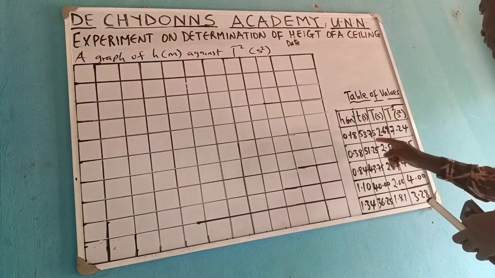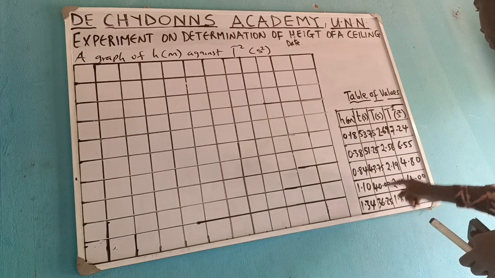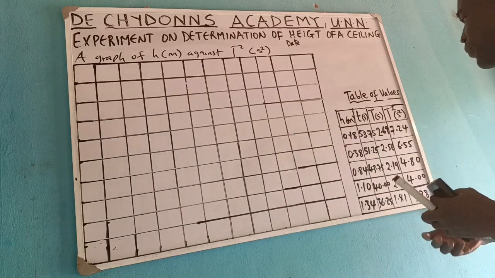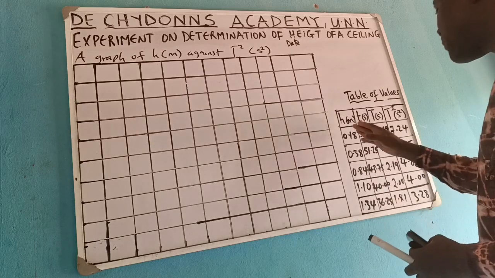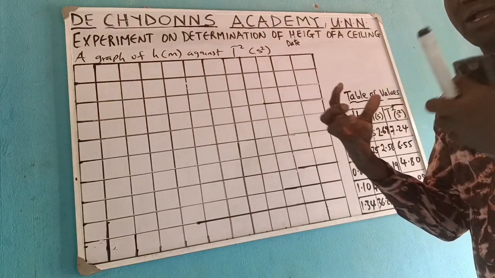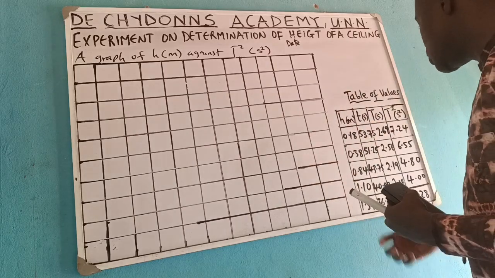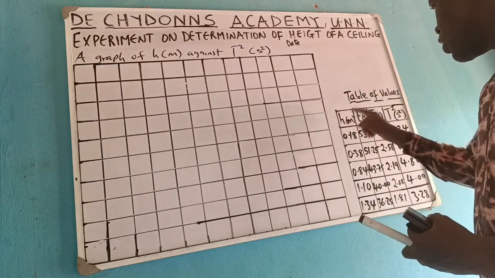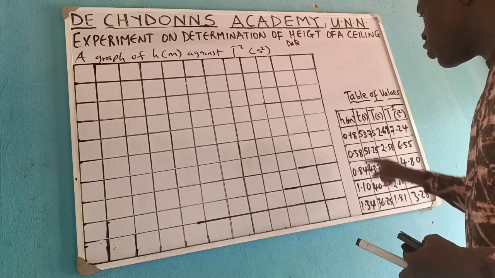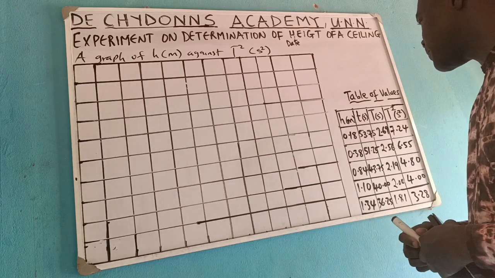Looking at what we have here, h is here and t square is here. Choosing appropriate scale will help your points not to what? Jam pack one side. Look at the highest. Highest is 1.34. Lowest is 0.18.